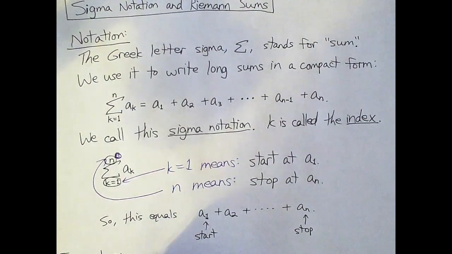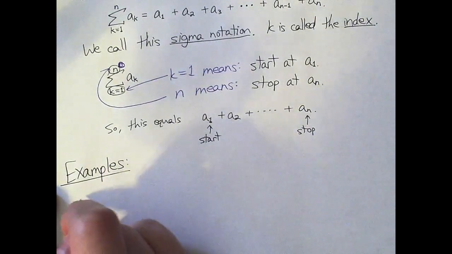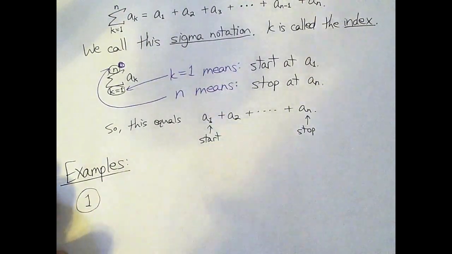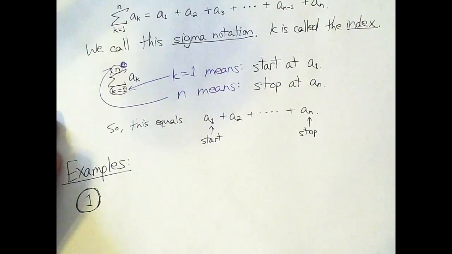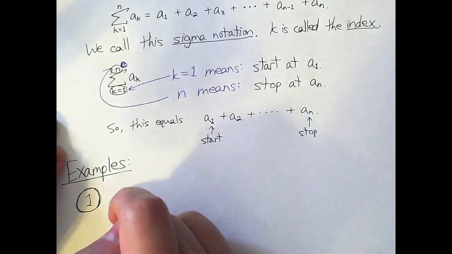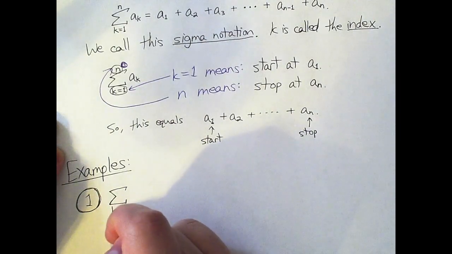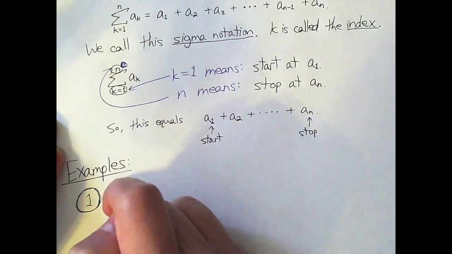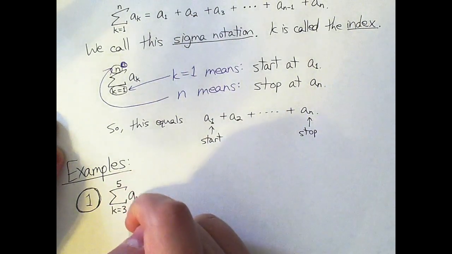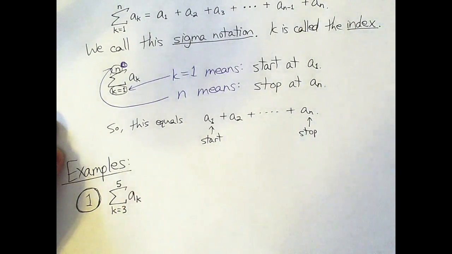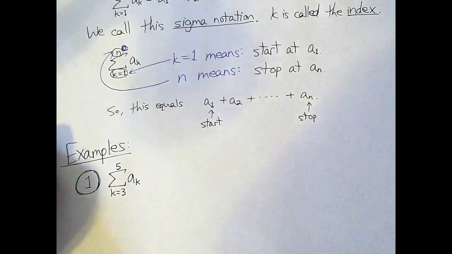Examples of this notation. We'll do small examples at first. How about this? So I have sigma, underneath it, it says k equals 3. On top of it, it says the number 5, and it says ak. So that's a small example of a sum that is written with sigma notation.